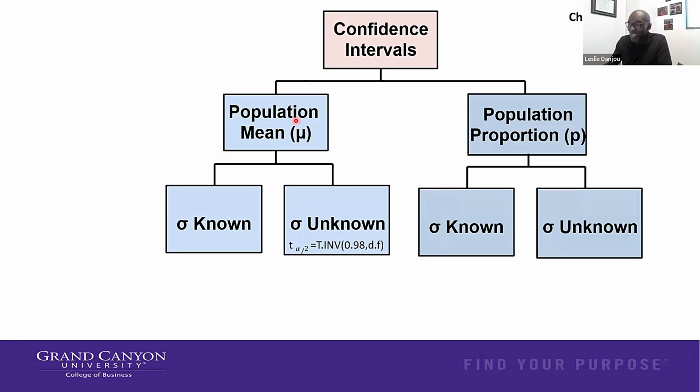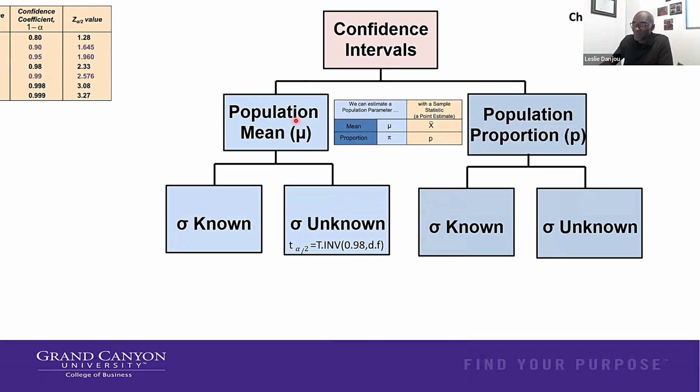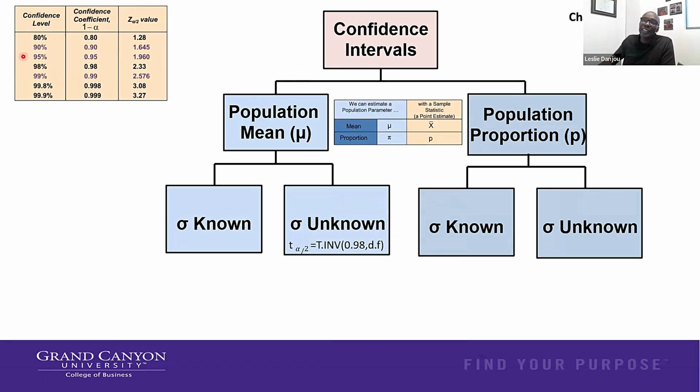Yes, we can. As a reminder, for the most part we're dealing with a 95% confidence level. In business statistics, that is the standard. We should know in our mind's eye that at 95%, the z-score, the standardized value, is 1.960.